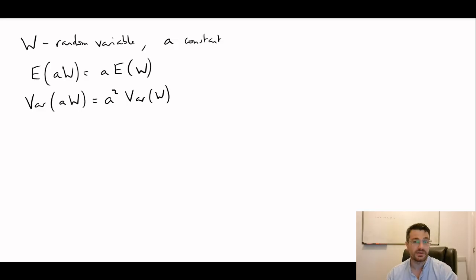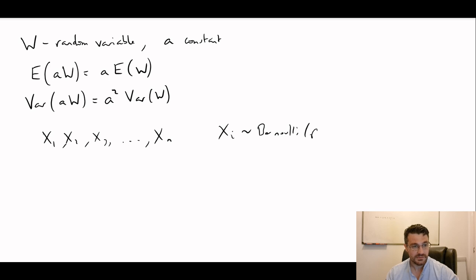Why is this important to us? Because going back to the Xi's, X1, X2, X3 up to Xn, these are IID. Xi are distributed Bernoulli with parameter p.